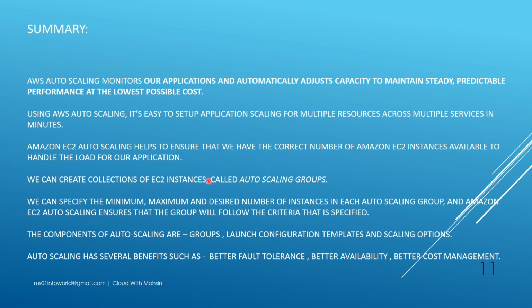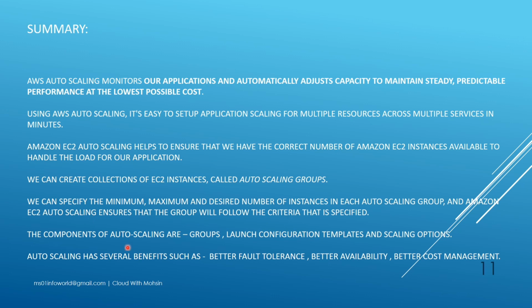We have also seen the launch configuration template, which contains the AMI ID, key pair, security groups, etc. The additional capacity will be launched based on the launch configuration template.